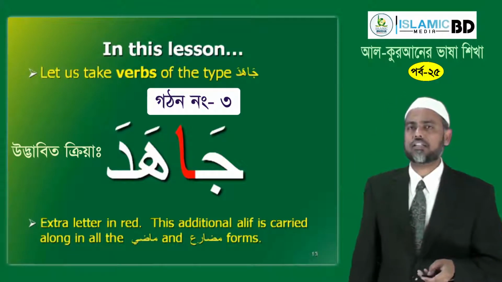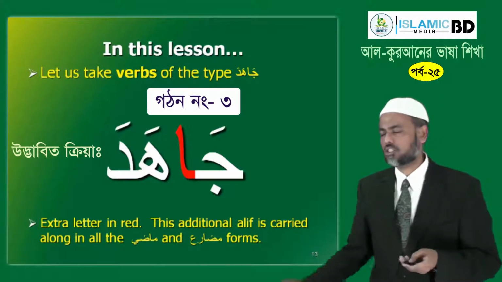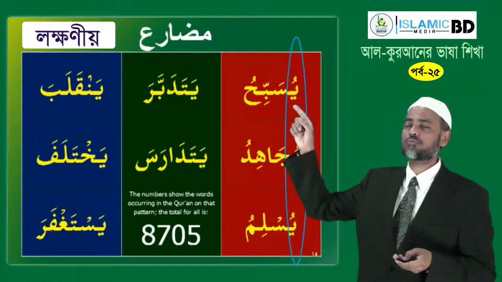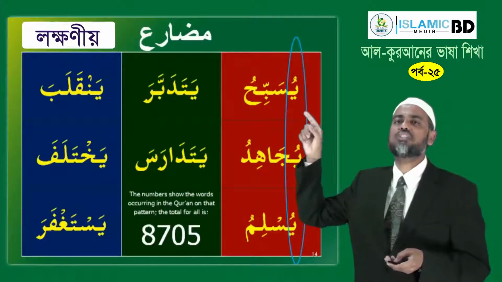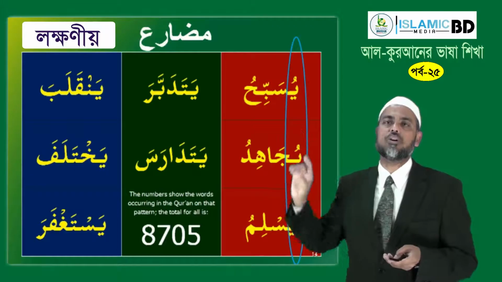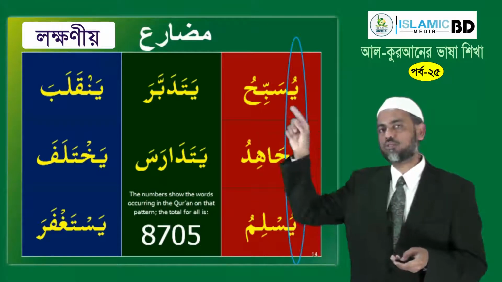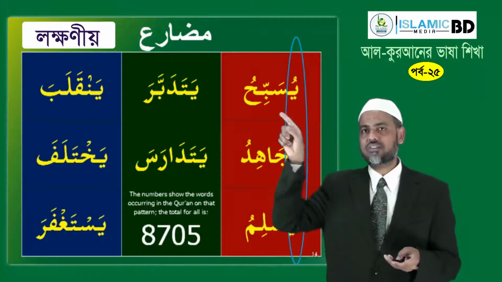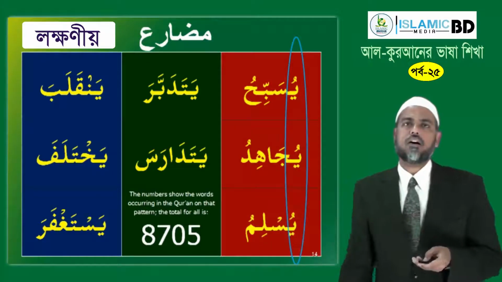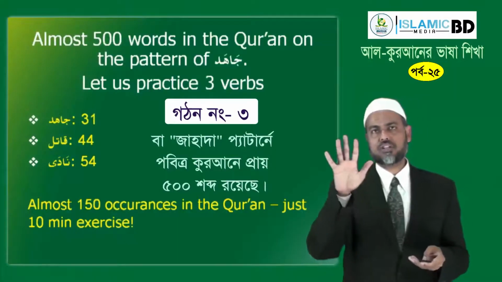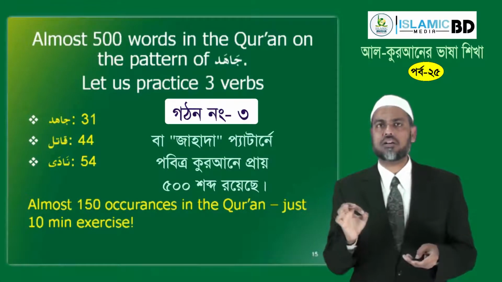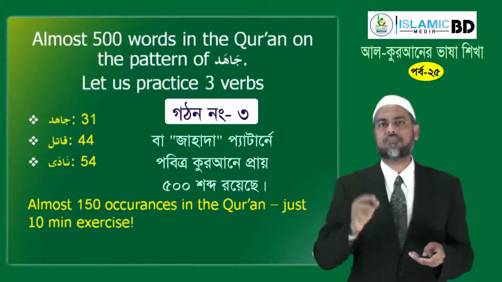So let us see how it changes. One more thing, jahada becomes yujahidu in mudari. Yujahidu. It's not yajahidu. I told you, like sabbaha yusabbihu, jahada yujahidu, aslama yuslimu. These 3 only start with yu. Almost 500 words in the Quran occur on the pattern of jahada.